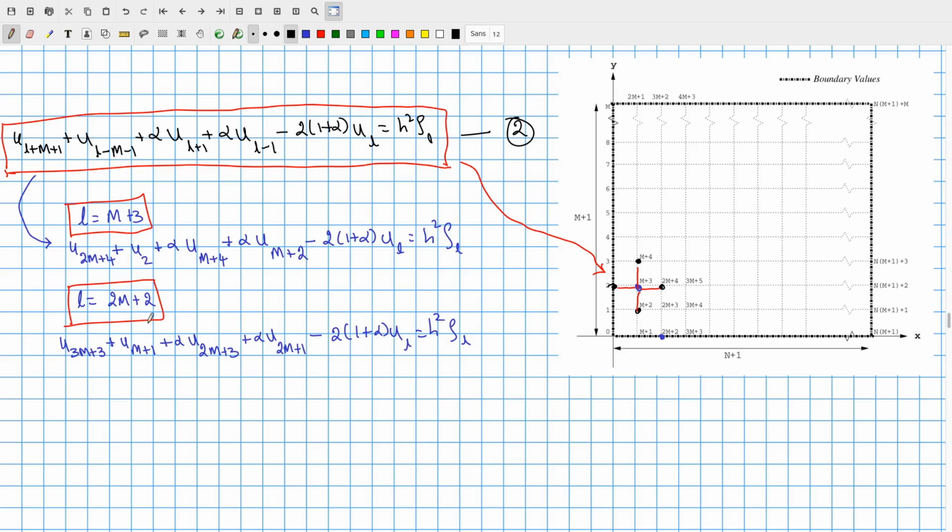Let us see how these points are connected. 3m plus 3 is a point here, m plus 1 is a point here, 2m plus 3 is a point here, and 2m plus 1 lies here.